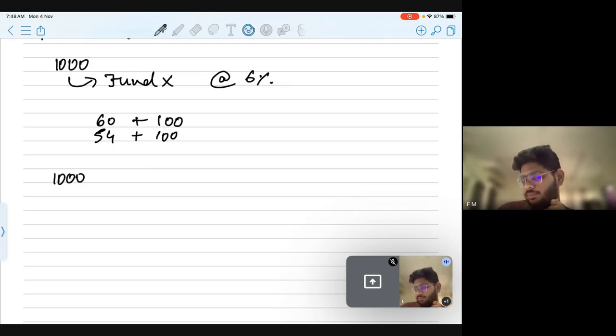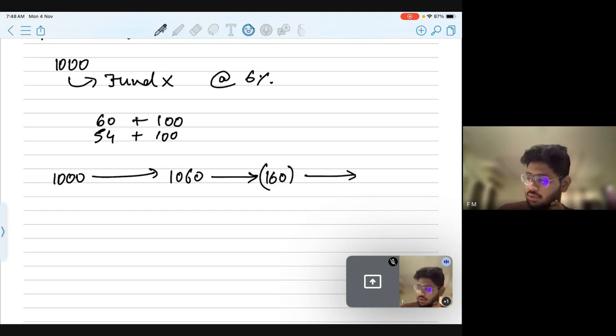1,000. You get one year's interest. Then you take out that interest plus 100 rupees. So 160, which leaves you with 900.